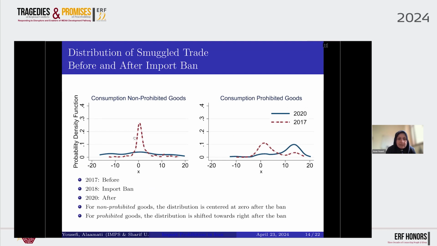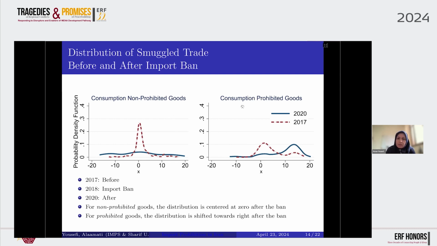First, let's see what's the schematic of the illegal imports proxy. On the left-hand side, you can see the non-prohibited goods in 2017, before the prohibition policy, and 2020 after that. You can see the distributions are both centered at zero.